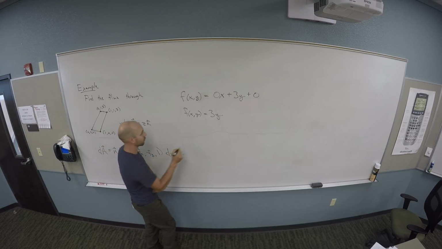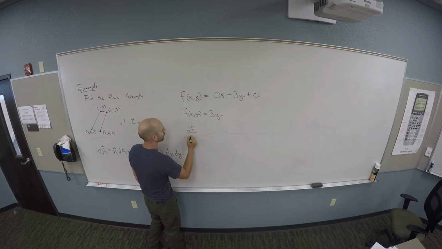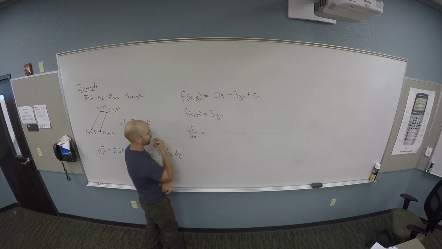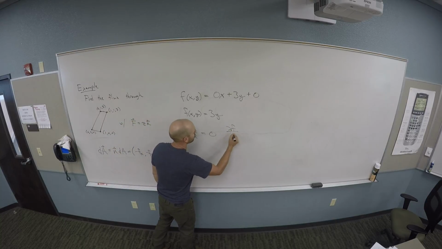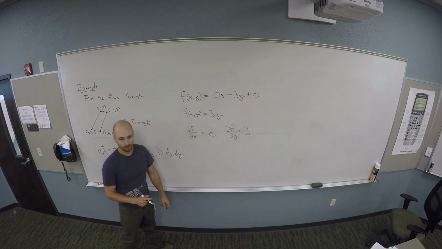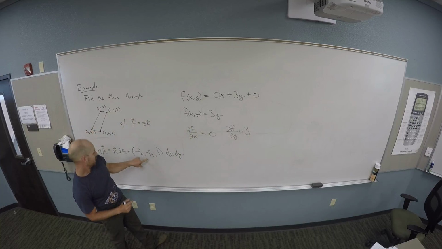I've got to take some partials. I need the partial of f with respect to x, that's going to be 0. Partial of f with respect to y is 3. Then I need to put them in here.